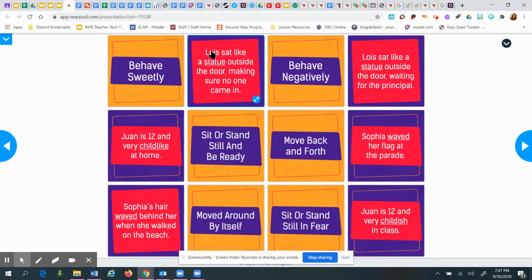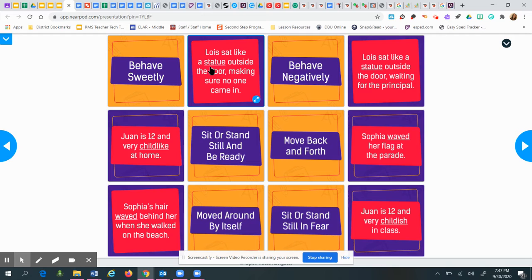Let's see if we can do this one maybe. Lois sat like a statue outside the door, making sure no one came in. Statue is what I'm trying to define. Does that mean behave sweetly, behave negatively, move back and forth, sit or stand still and be ready, moved by itself, or sit or stand still in fear?